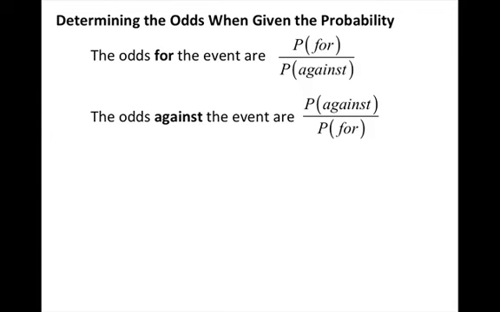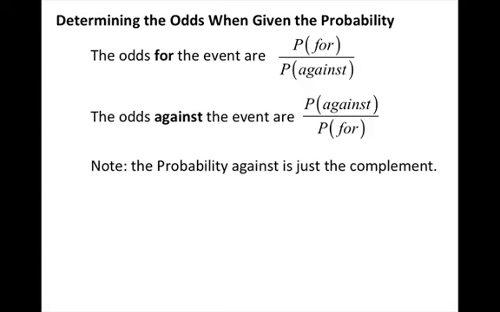So notice how the words match up. Whichever odds you're asked for, that probability goes on the top of the fraction, and its complement goes on the bottom. If we're asked for the odds for the event, we put the probability for the event on the top of the fraction. If we're asked for the odds against the event, we put the probability against the event on the top of the fraction.